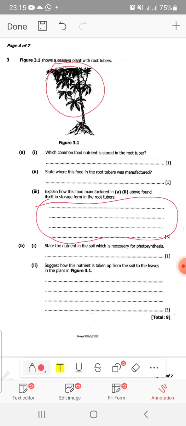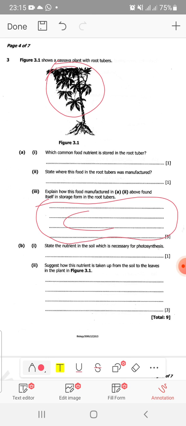For transportation, this glucose is transported as glucose to where it is supposed to be kept, in this case the root tubers, by the process called translocation. Then when it reaches there, it is converted to the storage form, which is starch. So it found itself in the root tuber because it has been translocated from the leaves to the root tuber, then converted to starch as a storage form of sugars in plants.